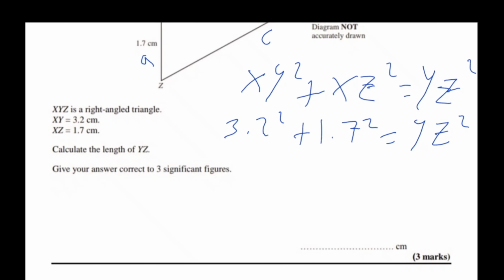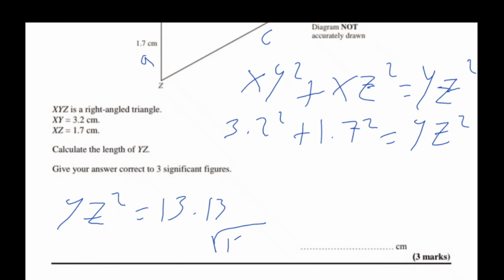Use your calculator to find the value of the left side, which in this case is 13.13.